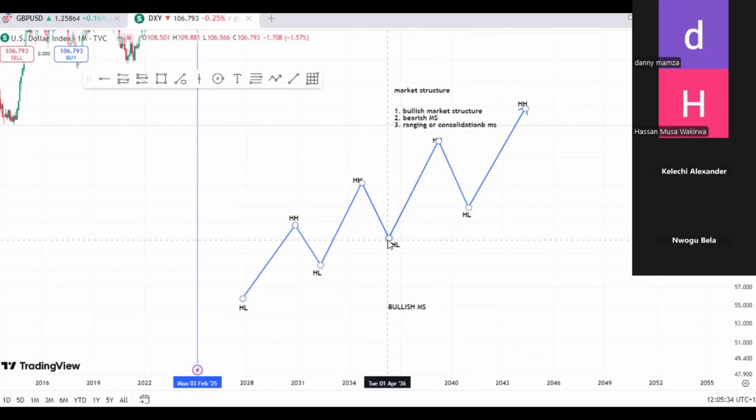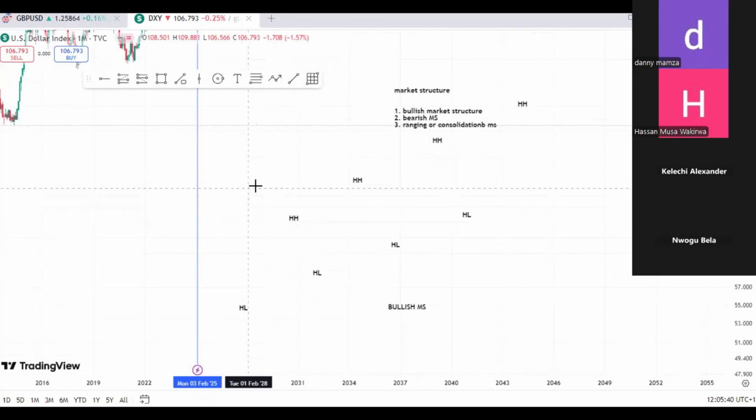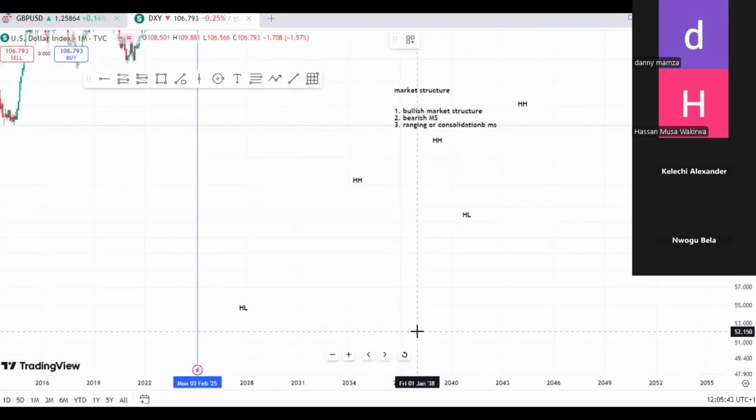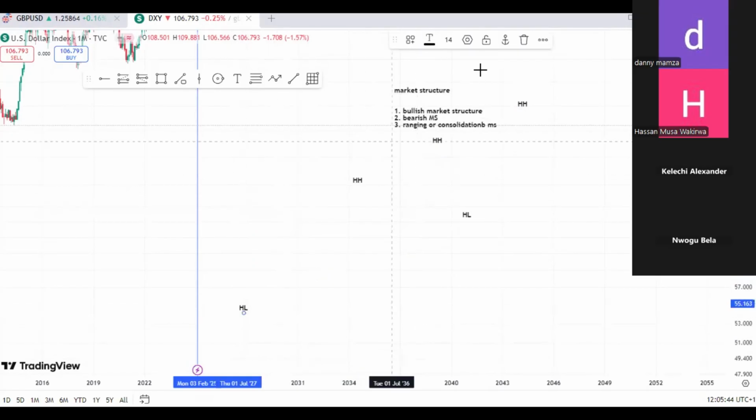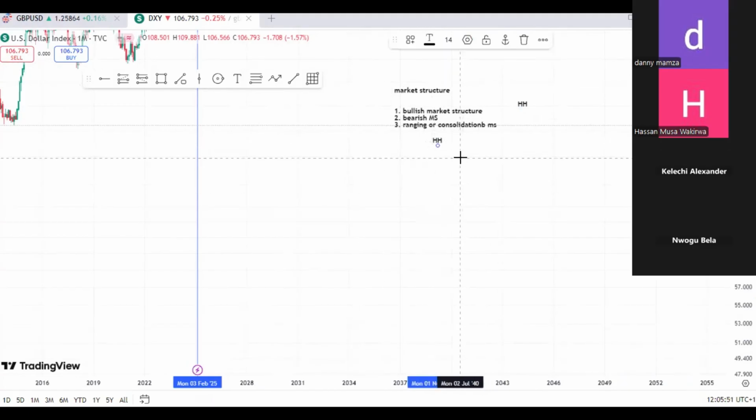So let me go to the next market structure, which is the bearish market structure. The same way the market forms higher highs and higher lows, when it comes to a bearish market, it's forming lower highs and lower lows.